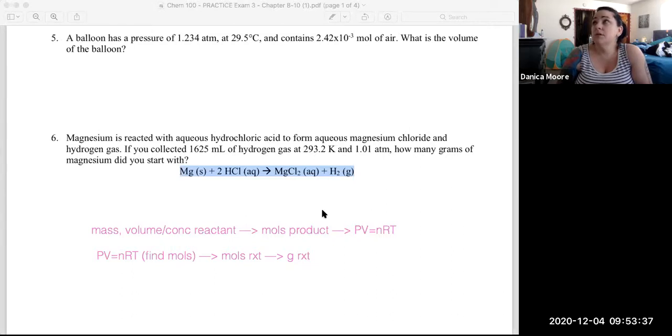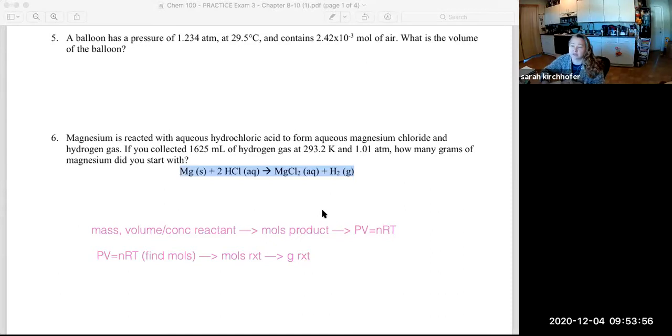I literally just did these problems and I don't remember what they are. What else? Oh, looking at what the spectators might be. So you would ask us, who are the spectators in this? Yes, exactly.